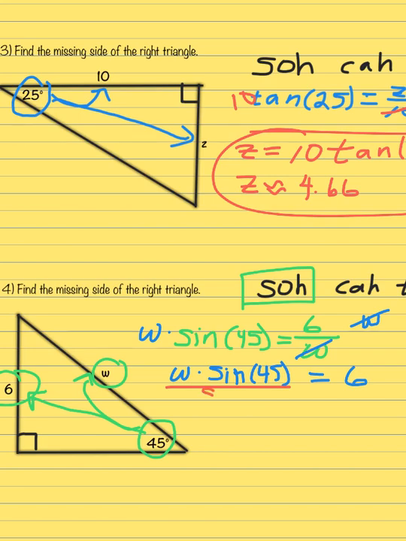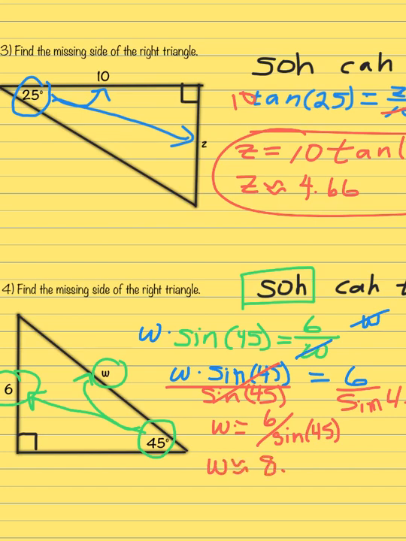So we're going to divide by the sine of 45. And we have W equals 6 divided by the sine of 45. And then you can type that into your calculator, and you would get W is approximately equal to 8.49.